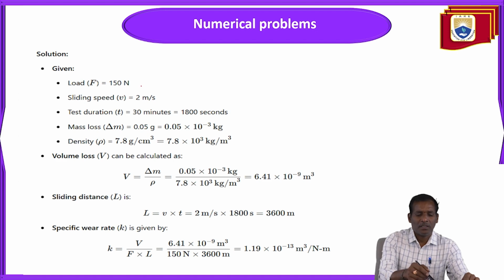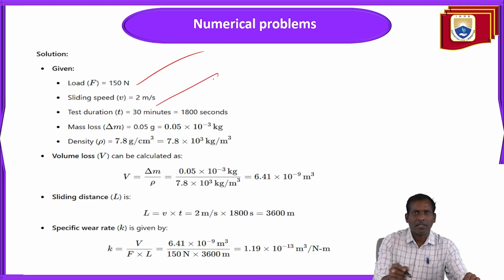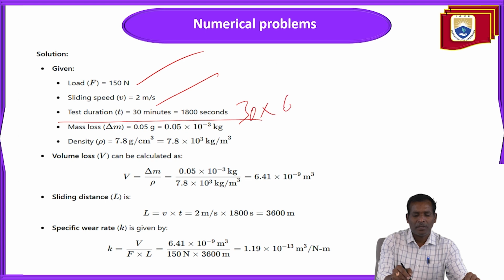In this, the given load is 150 newtons, the sliding speed is 2 meters per second, and the test duration, that is T, is 30 minutes, converted into seconds: 30 multiplied with 60.